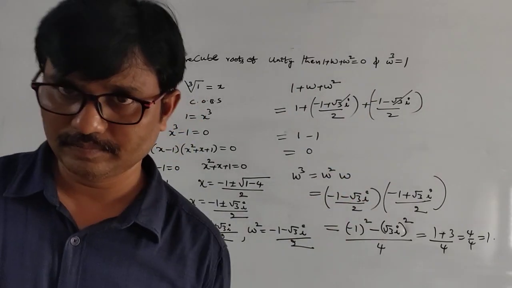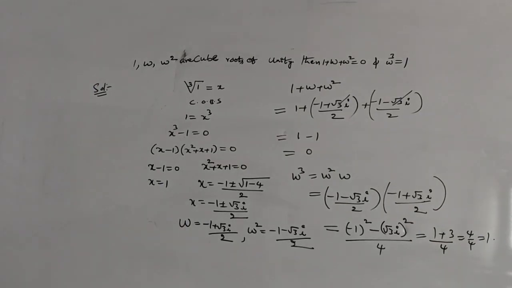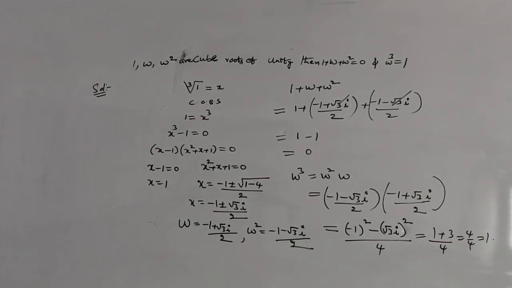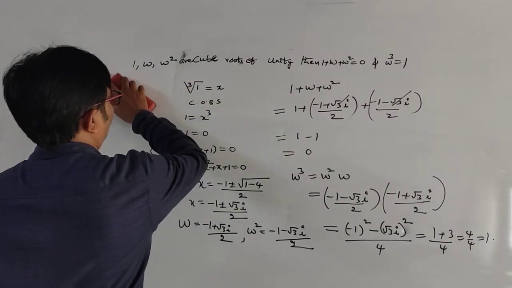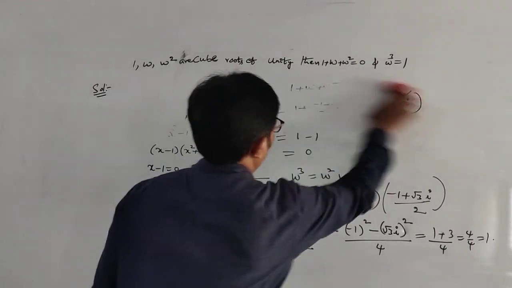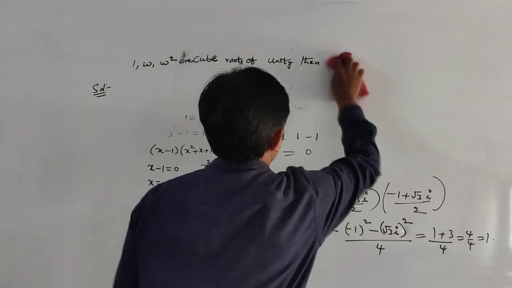So students, right now we have to find the sum or results. Omega, 1, omega square are the cube roots of unity.